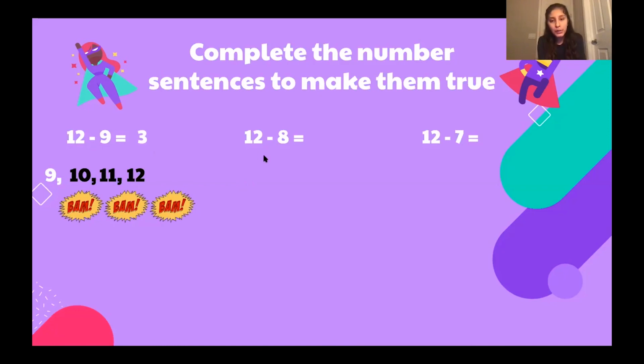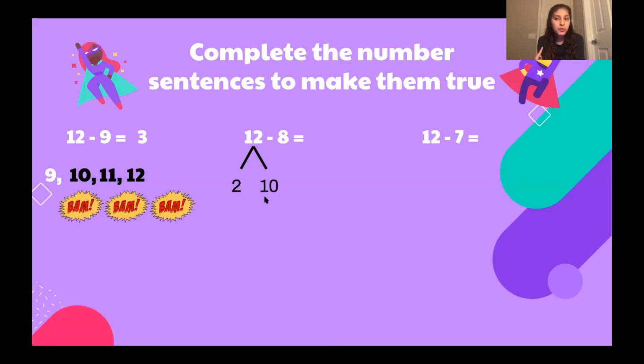Now for this one, we're gonna decompose it and use the number bond strategy. So I'm gonna decompose 12 because I am subtracting 8. So I know that 12 can be decomposed into 2 and 10. So 2 and 10 are its number bonds.